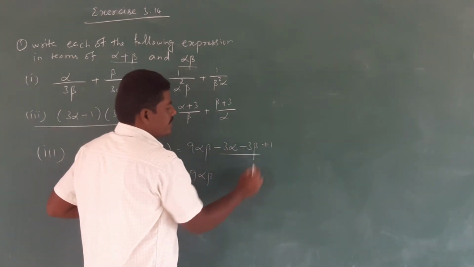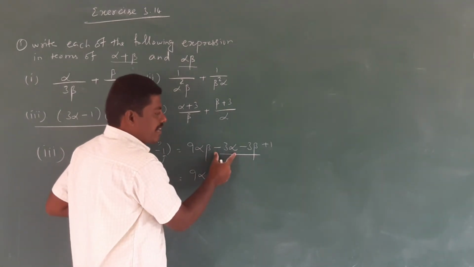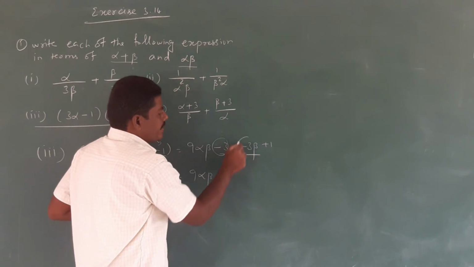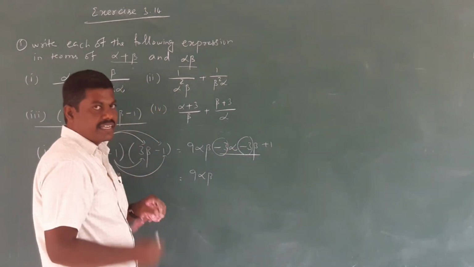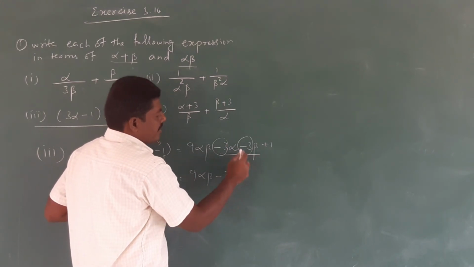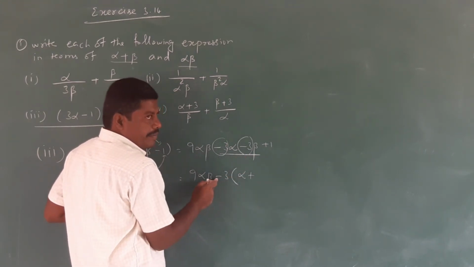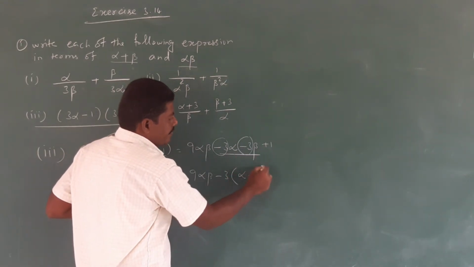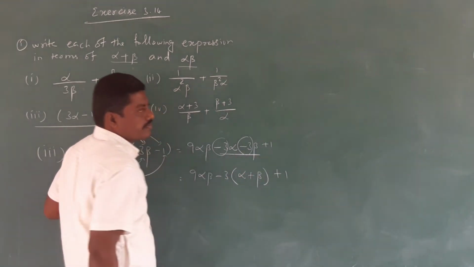In these two terms, minus 3 alpha minus 3 beta, minus 3 is common. So we take minus 3 outside. Minus 3 of alpha plus beta, because the minus is already taken outside, plus 1.